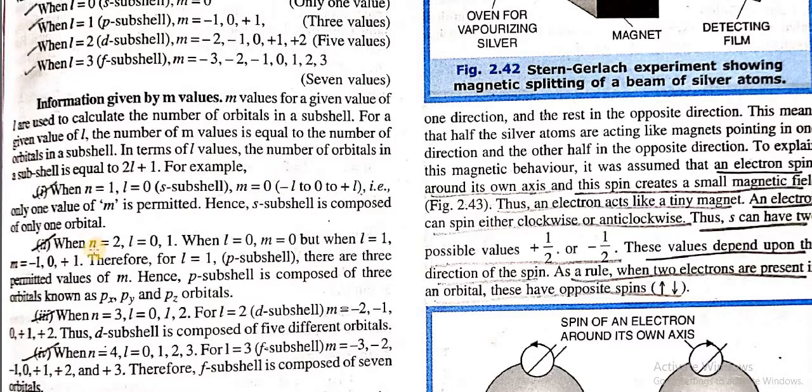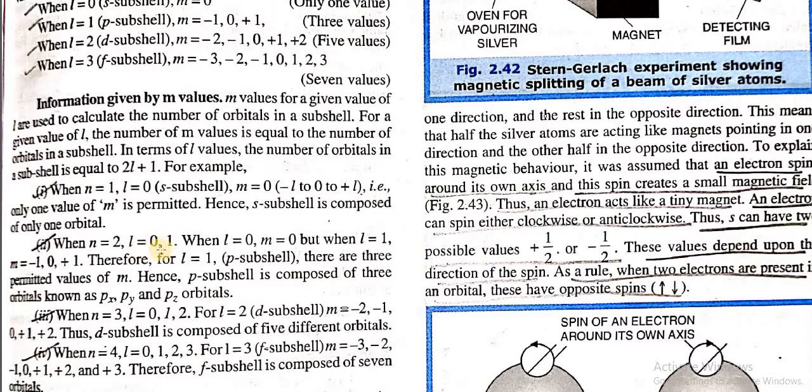Similarly, when we go for n equals 2, L can have two values, 0 and 1. When L equals 0, m will be 0, only one suborbital. When L equals 1, we can have three values, minus 1, 0 and plus 1.